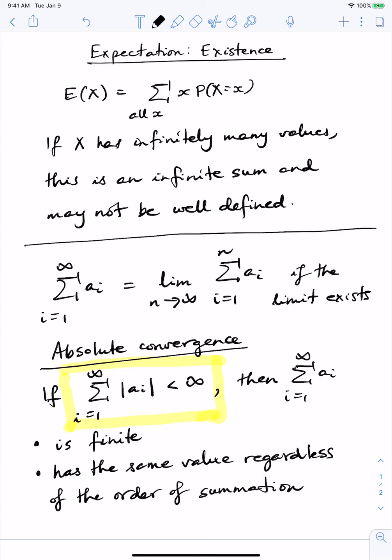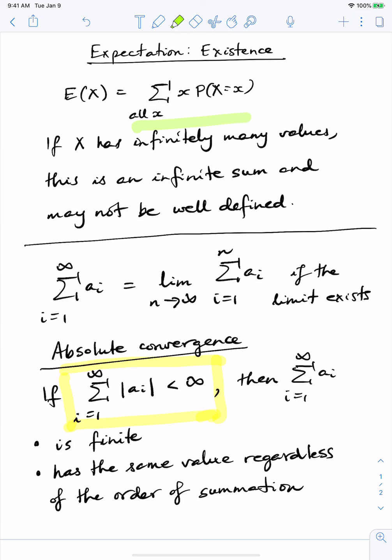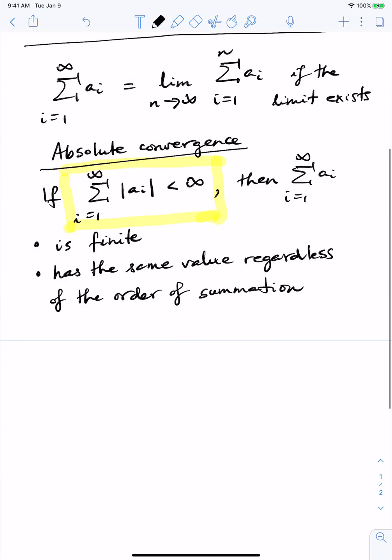What I'd like to do is see what this means for the sum that we're doing, and our sum is this one here. So the generic term in our sum is x times the probability that the random variable has that value.